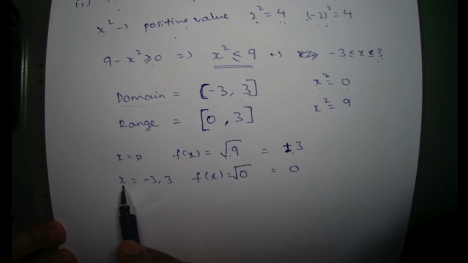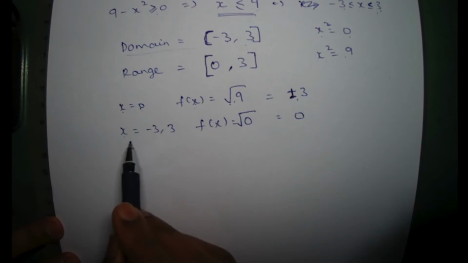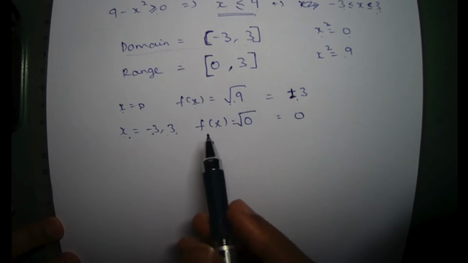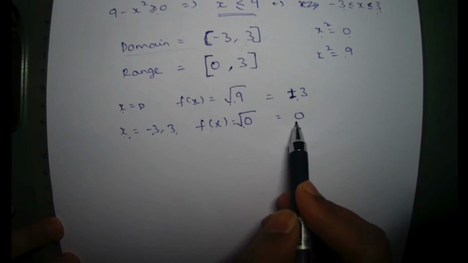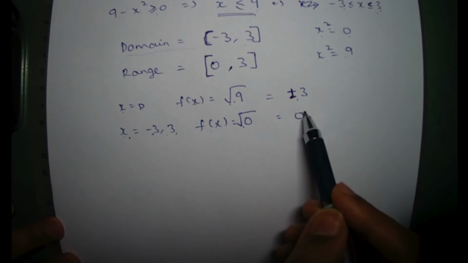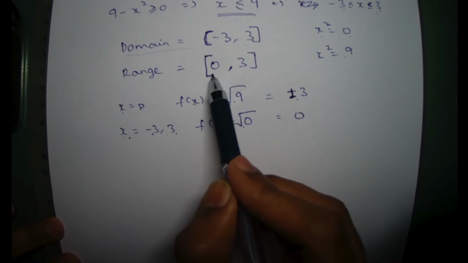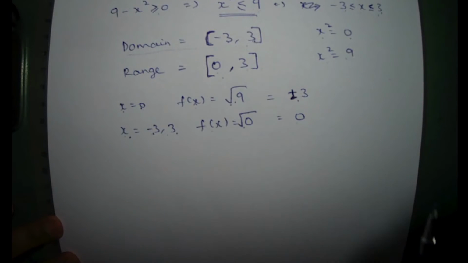Then if x square is equal to 9, then we have to take x is equal to minus 3 or plus 3. So if you take x is equal to minus 3 or plus 3, we'll get f of x as root of 0, which is nothing but 0. So all the values for this function will be between 0 and plus 3. So the range of the function will be 0 to 3, where 0 and 3 are included in the range.